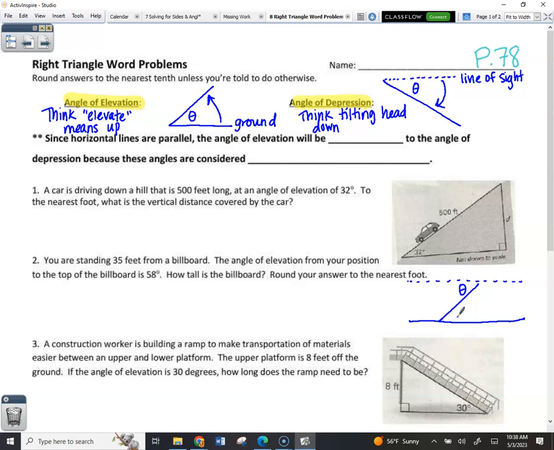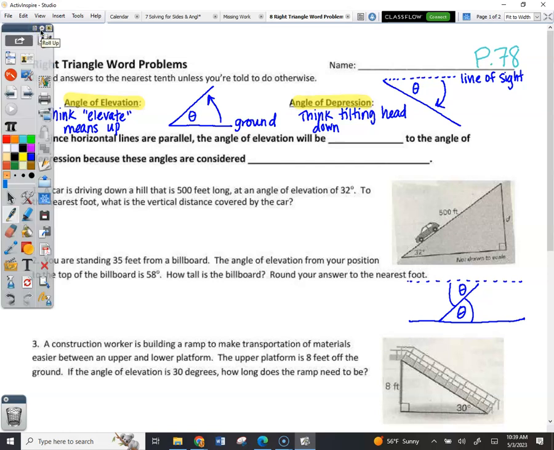There it is. This is the tie-in. Every angle of elevation and every angle of depression within the same problem are actually congruent because of alternate interior angles. Now, I would not draw that there. I would draw that maybe right here on the right or up at the top. But the takeaway here is that the angle of elevation and the angle of depression are always congruent because of alternate interior angles.